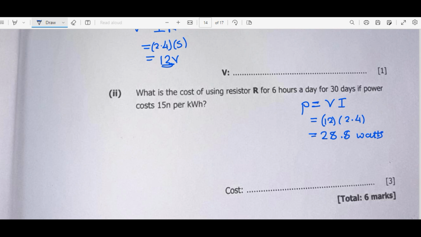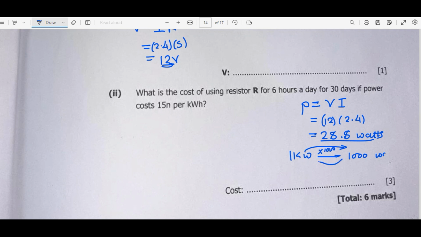Now remember, whenever you are dealing with cost, you need to convert your power in watts into kilowatts. So what you do, we know 1 kilowatt is equal to 1000 watts. So to convert from kilo to watts, you multiply by 1000.